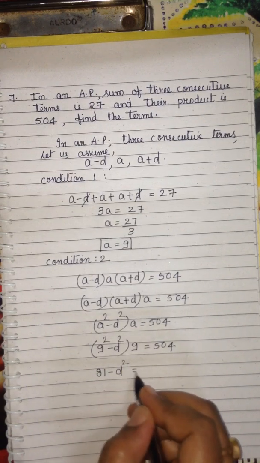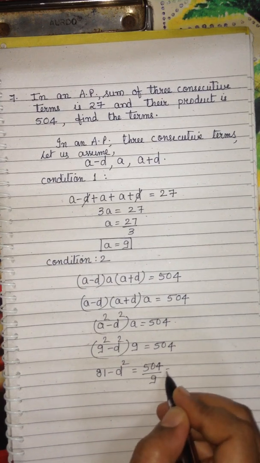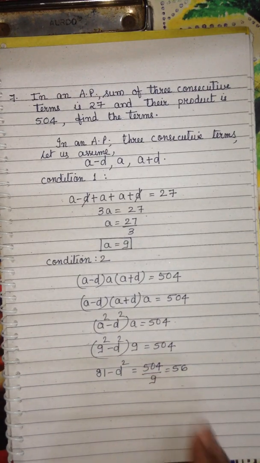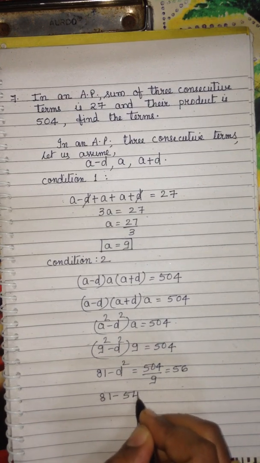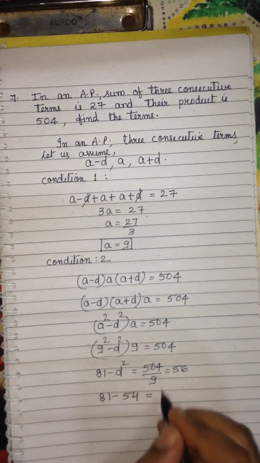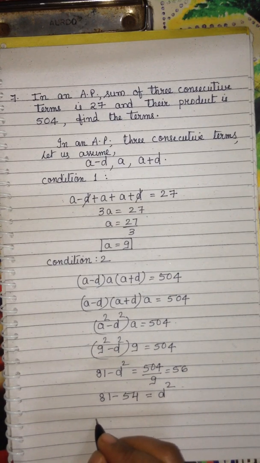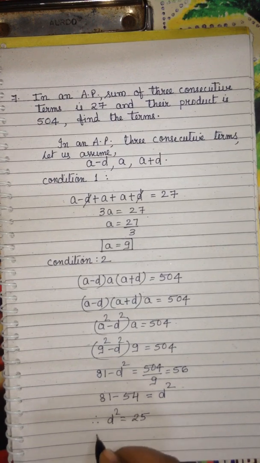The 9 is being multiplied over here, take it to the other side, it becomes division. You will get 56. 9 5s are 45, 9 6s are 54. And 81 minus 54 will give you positive d square. Therefore, d square is equal to 25.